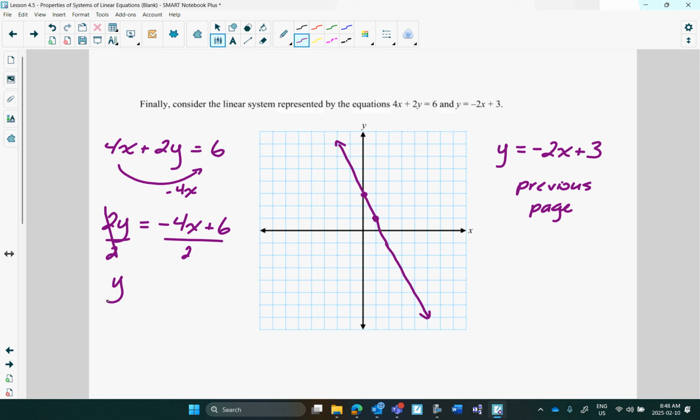And I get y is equal to -4x divided by 2 is -2x, plus 6 divided by 2, you have to divide everything, is 3. Notice anything? It's the same equation. So if I graph this, it's going to be right on top of the other line.